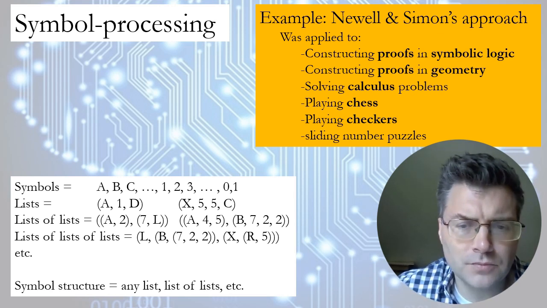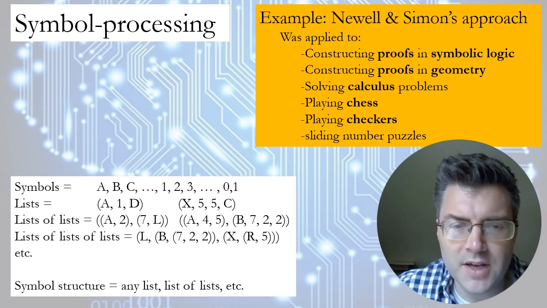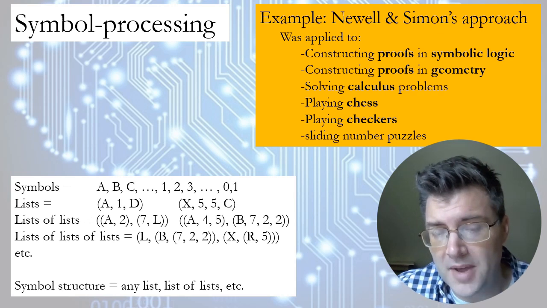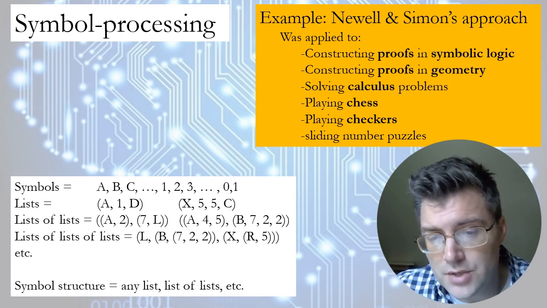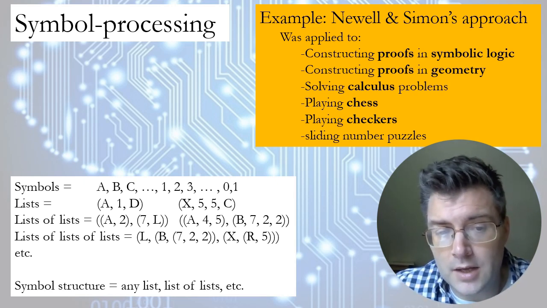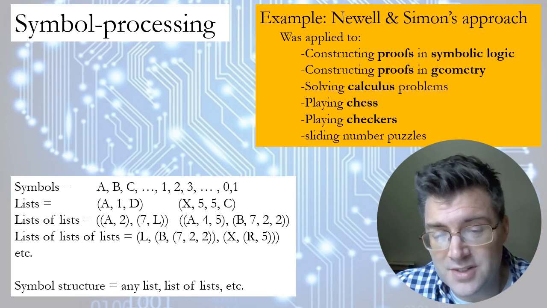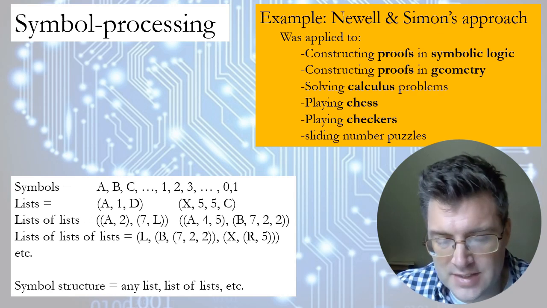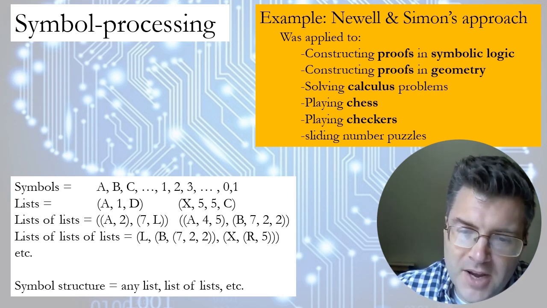And so once we have that, we know that we're able to basically give instructions to any computer that manipulates symbols of that kind. And we can also put symbols into lists. And we can also put lists of symbols into lists so that it's clear which lists are inside which other lists. And then we can perform transformations on lists.